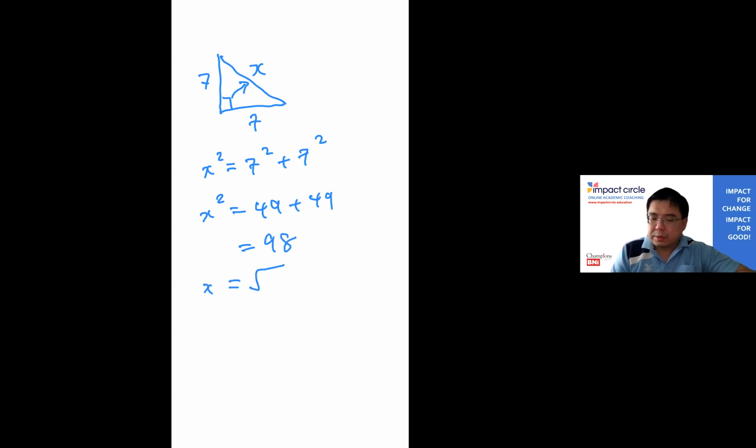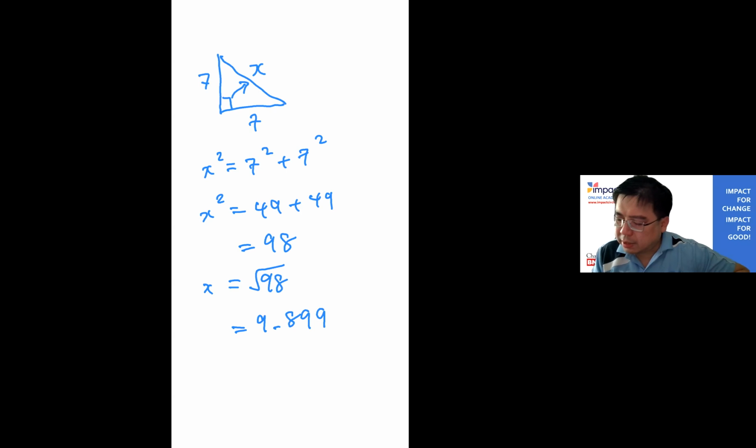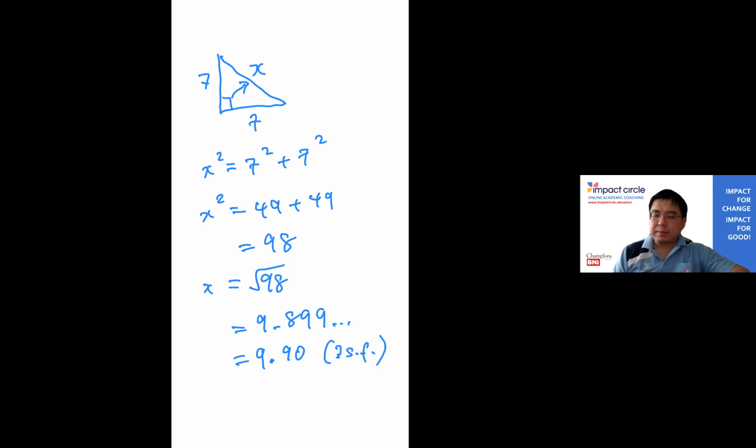Square rooting both sides, you will get x equals the square root of 98, which will give you 9.899. Taking 3 significant figures, it will round off to 9.90. So please be careful with this.